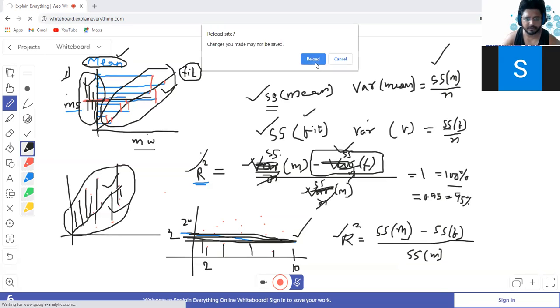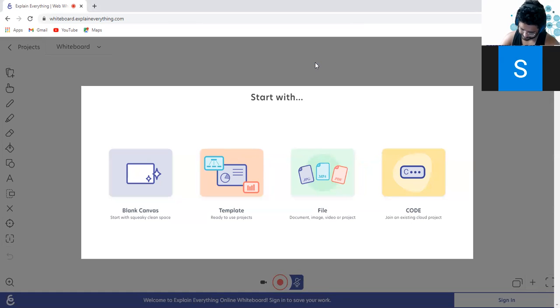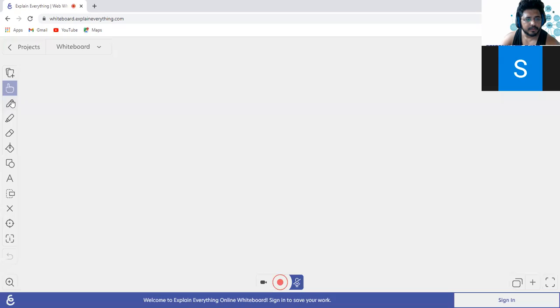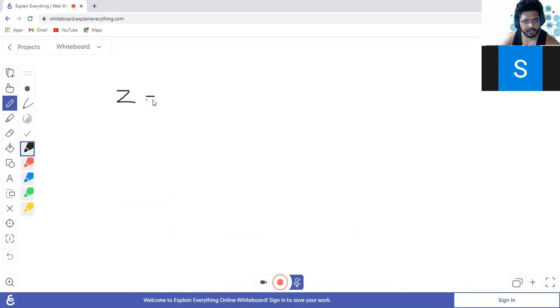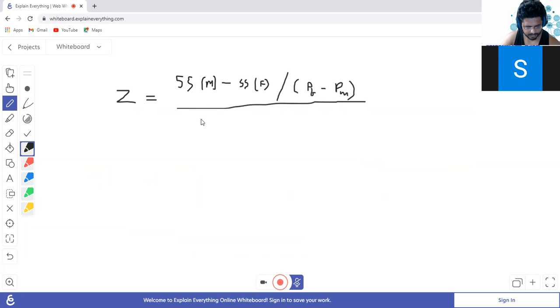Okay. So now there is a value called Z. There is a value called Z. So Z is equal to (SS mean minus SS fit) whole divided by (P fit minus P mean), whole divided by SS fit divided by (N minus P fit).